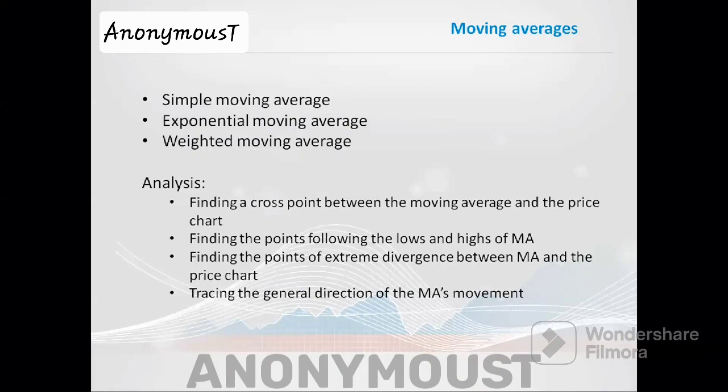Moving averages are used for finding a cross point between the moving average and the price chart, finding the points following the lows and the highs of the moving average, finding the points of extreme divergence between the moving average and the price chart, and tracing the signal direction of the moving average's movement. Now we'll practically see in our next slide how we use moving averages.